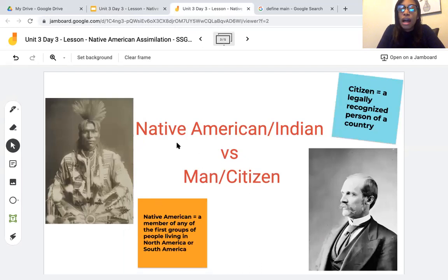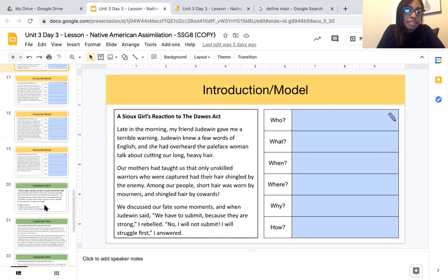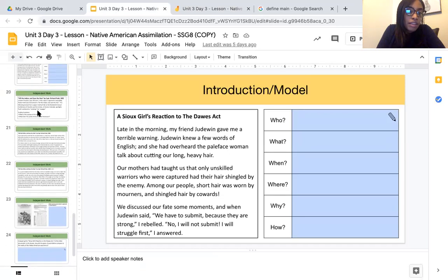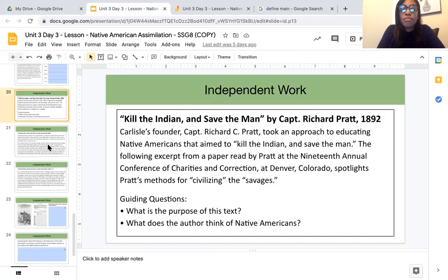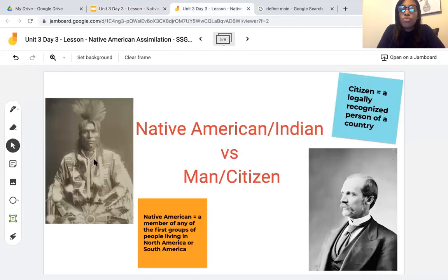And here you have these concepts, which really relate to that second reading, where they talk about kill the Indian and save the man, which is the perspective of the white man. And you want to make the connection that, you know, who was not considered a citizen? Well, Native Americans. Why not?